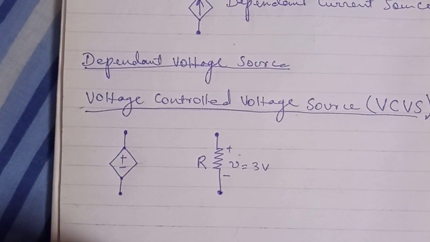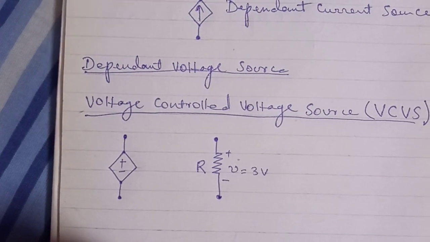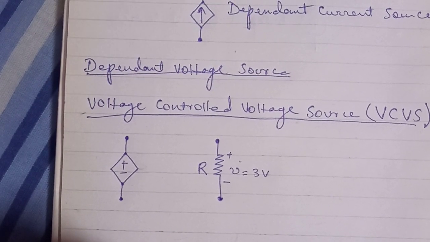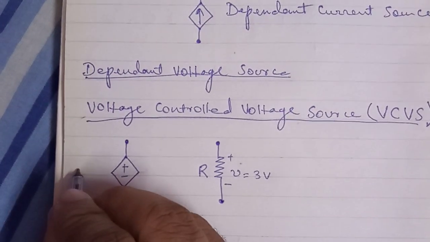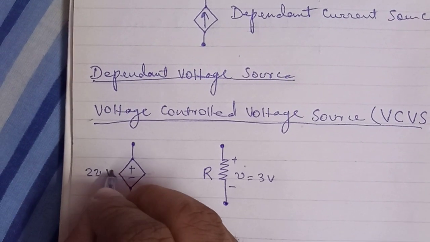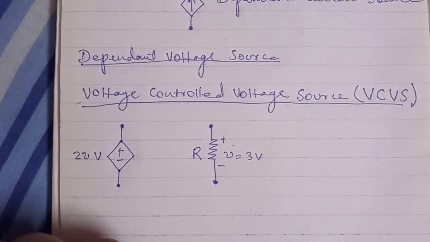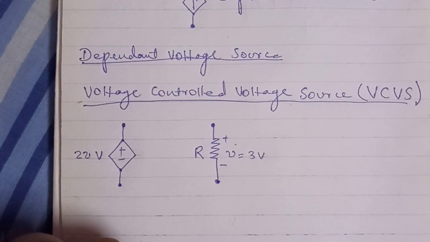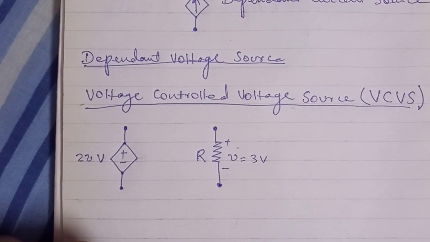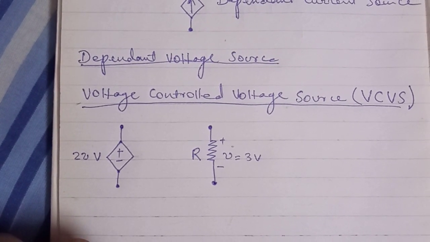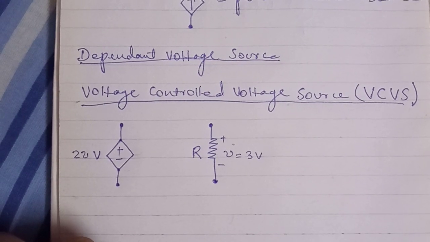Suppose the value of this VCVS is 2V volt. For example, you can take another value as you wish; I am taking 2V volt right now.